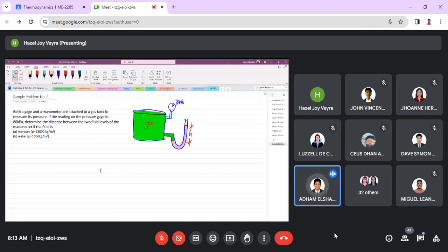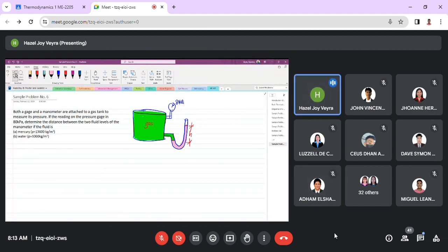If the reading on the pressure gauge is 80 kilopascal, determine the distance between the two fluid levels of the manometer. If the fluid is A, mercury, rho equal to 13,600 kilogram per meter cube, B, water, rho 1,000 kilogram per meter cube. Okay.